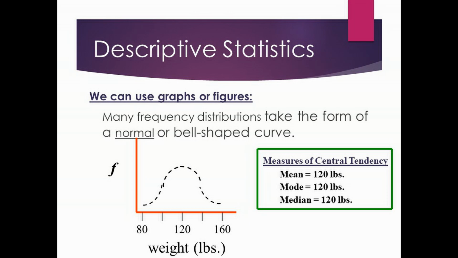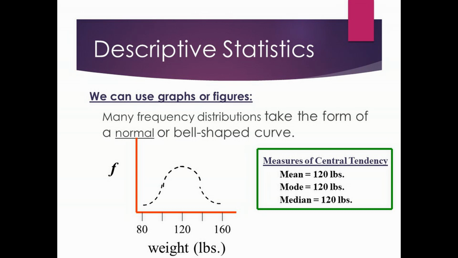And along the vertical axis you have an F, which represents frequency, or how many. And along the horizontal axis you have weight in pounds ranging from 80 to 160. And I'm showing you what would happen, hypothetically, if I collected data about weight from many individuals in this age group.